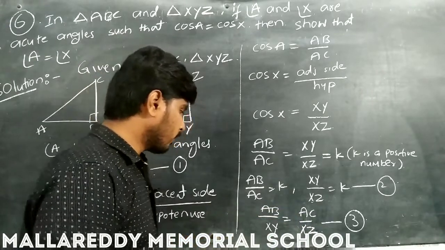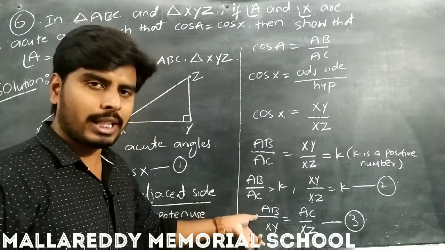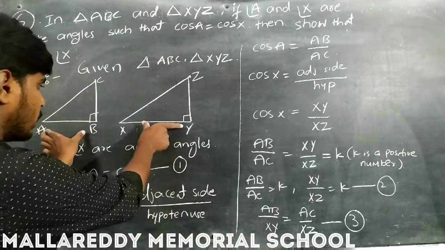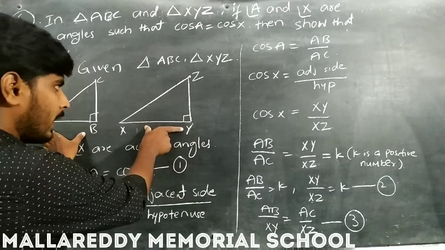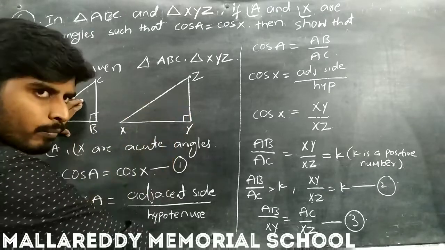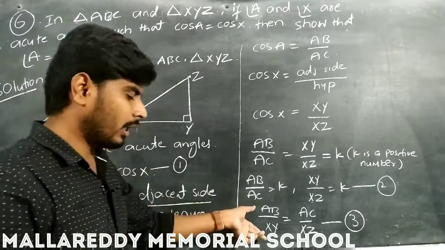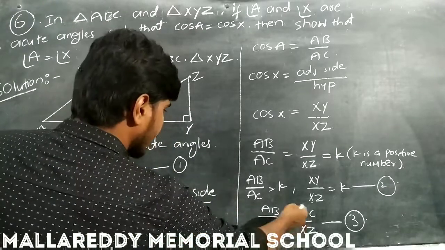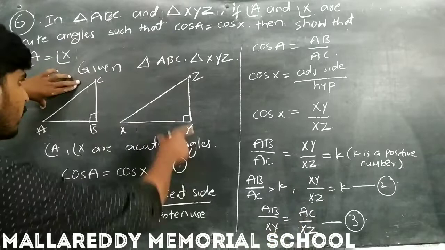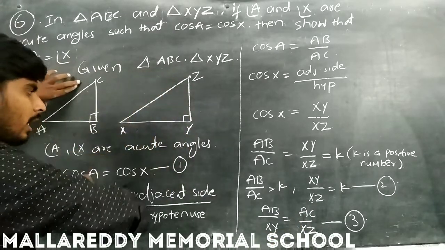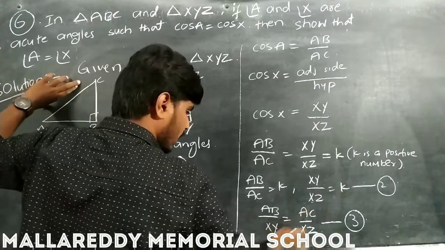It is nothing but the corresponding sides ratios. AB and XY are corresponding sides in both the triangles, so I have written their ratio. And AC and XZ are also corresponding sides, that is why I am taking their ratio.